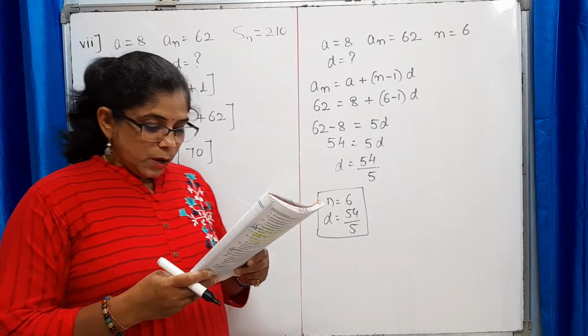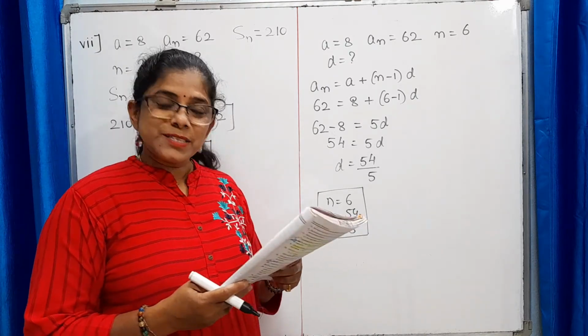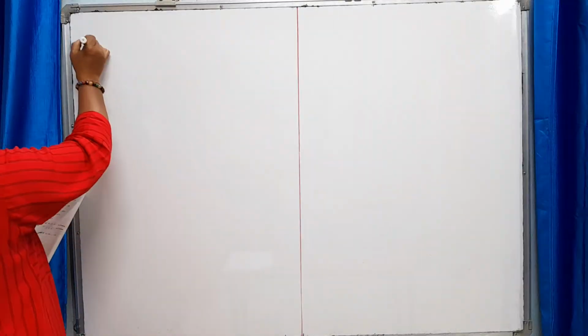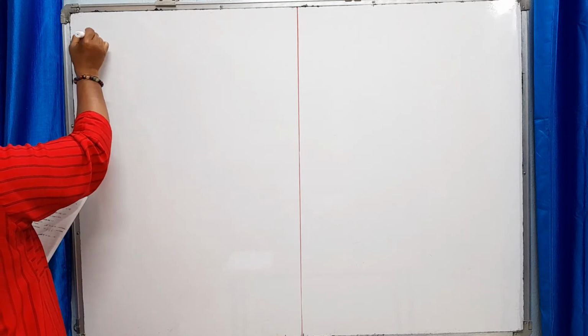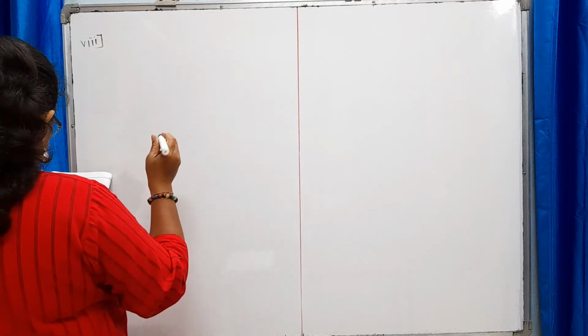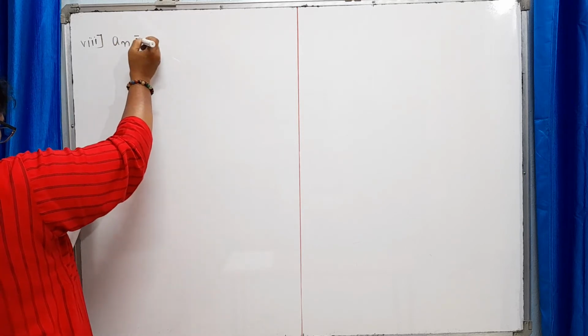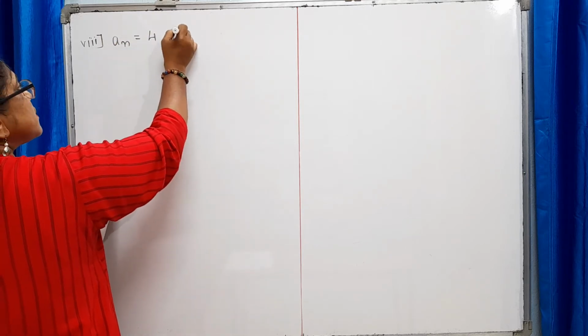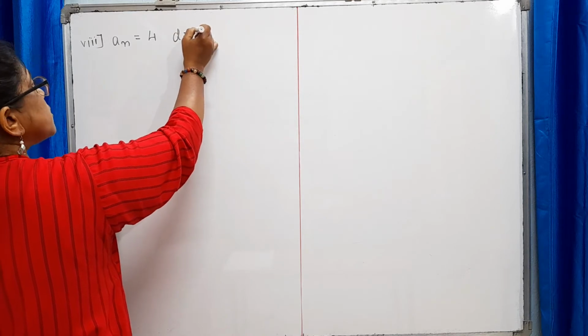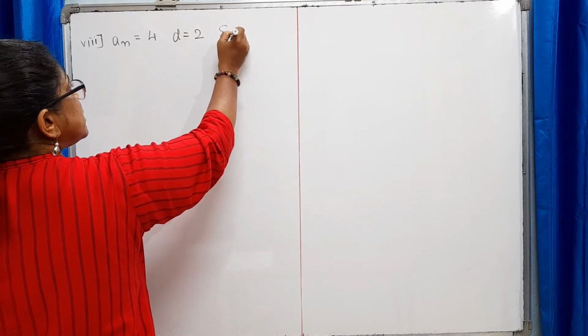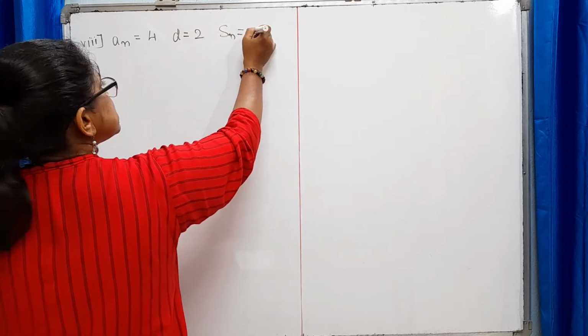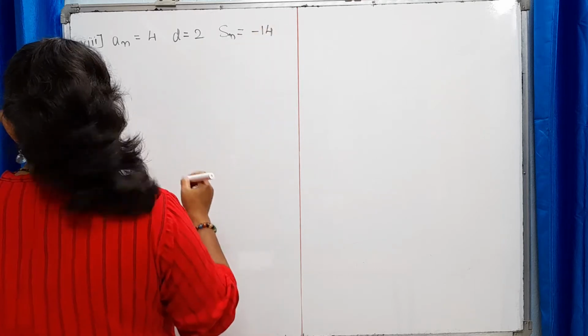Okay. Now let's move to our 8th sum. Here an is equal to 4, d is equal to 2, Sn is equal to minus 14.